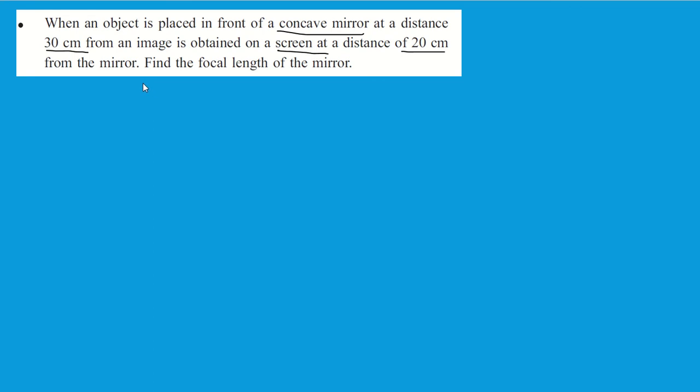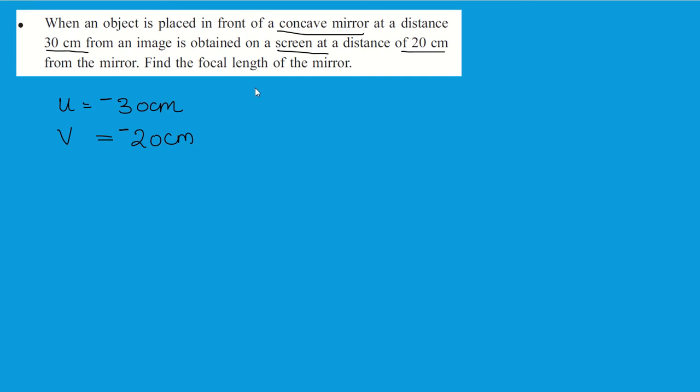Find the focal length of the mirror. So object distance is given as 30 centimeter. Object distance is always negative. Image distance is given as 20 centimeter. It is obtained on a screen, that means it is a real image. When it is a real image distance is negative. So V is equal to minus 20 centimeter.